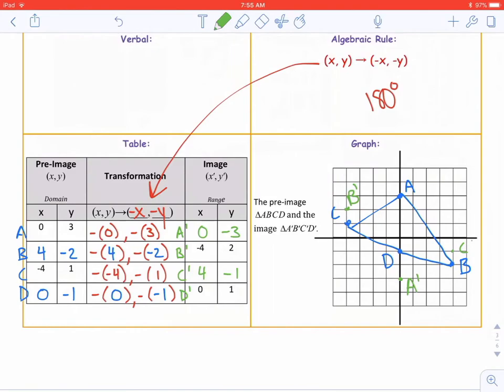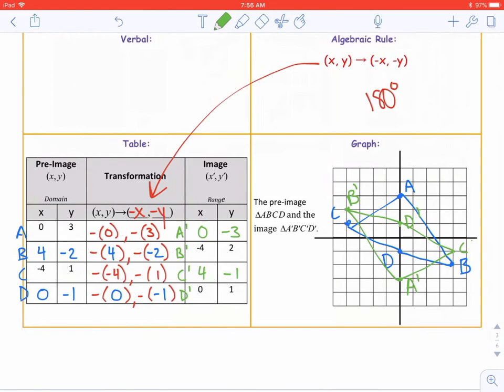Sorry about that. And D prime is at 0, 1. So then we just need to connect those points. And it should look like our pre-image has been rotated 180 degrees to give us our image in green right there.